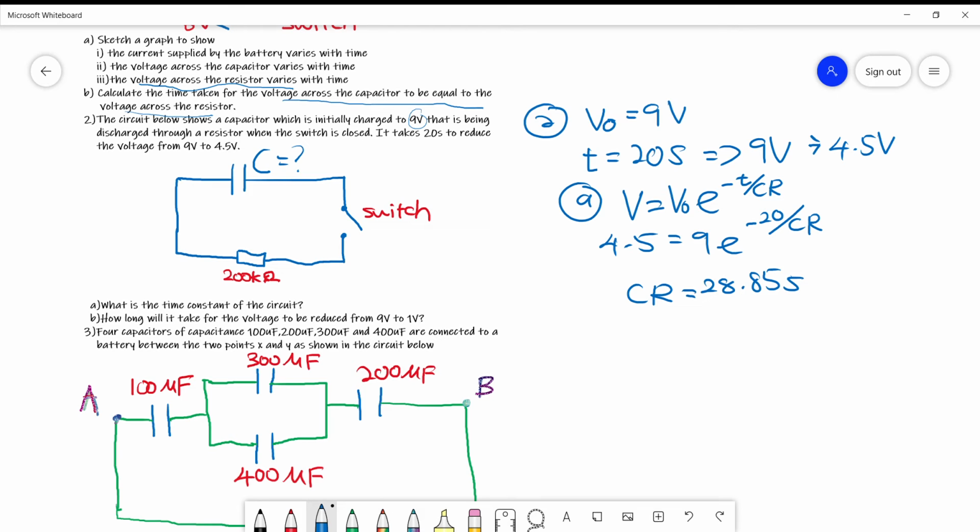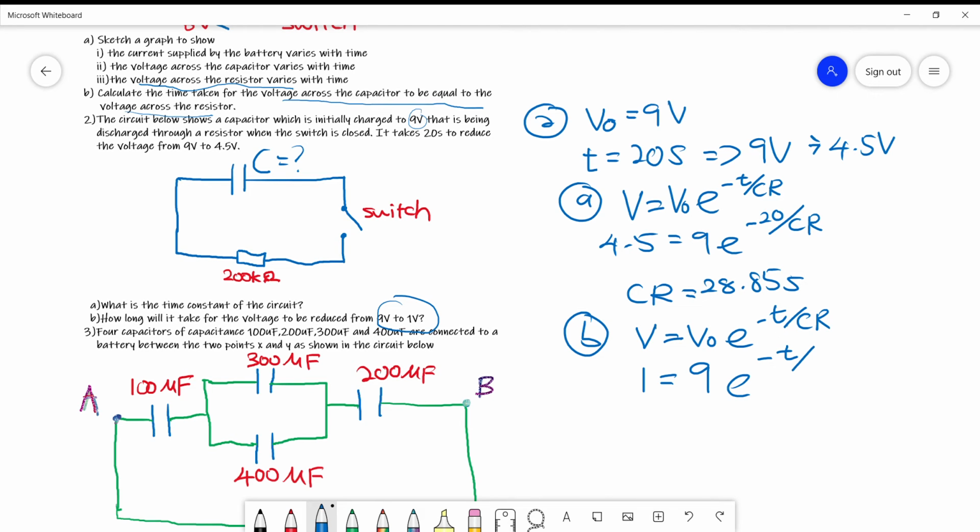How long will it take for the voltage to reduce from 9 volts to 1 volt? The question is asking about the time taken for the potential difference across the capacitor to reduce from 9 volts to 1 volt. Basically the formula is the same. This time V is 1 volt and the maximum voltage is 9, and t is the one we need to find.